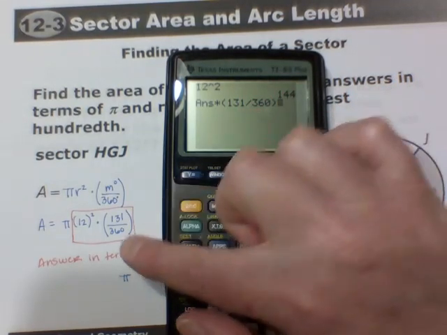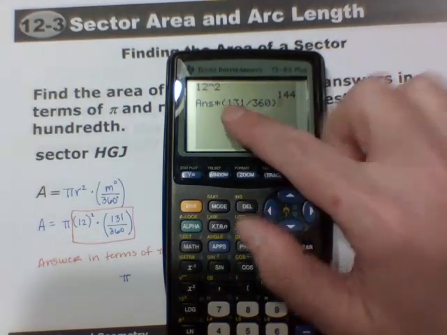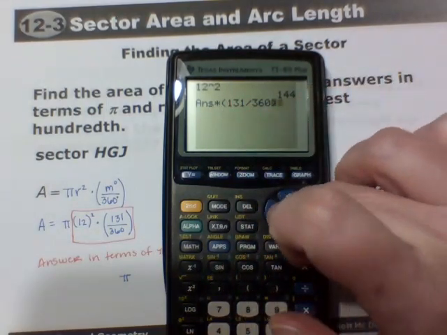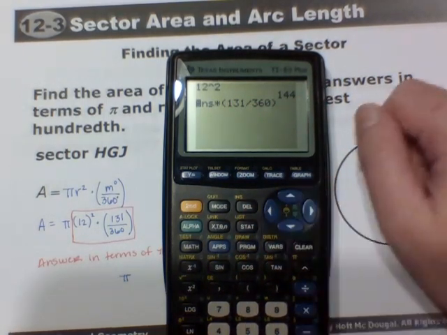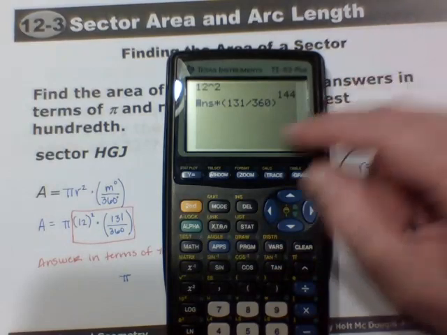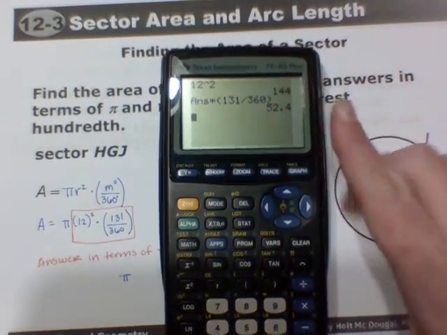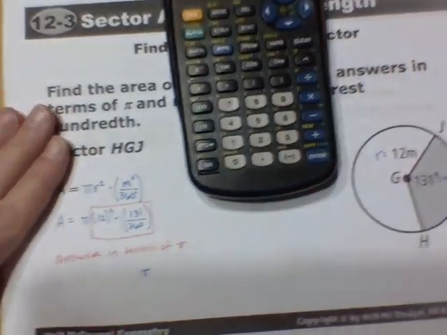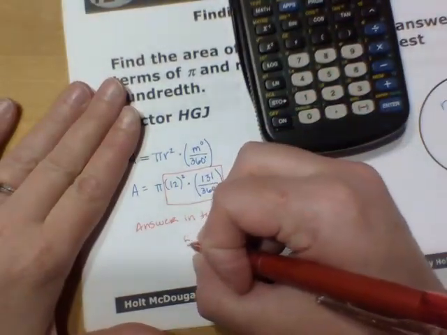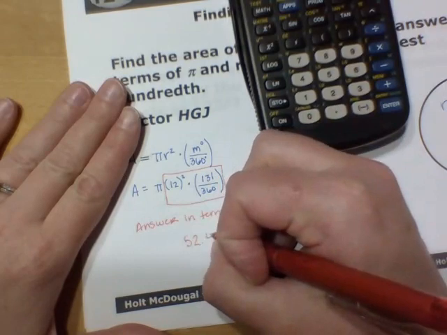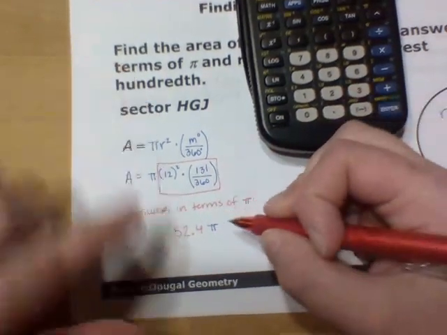So anytime that you want to put in a fraction, remember that you put it in parentheses. Since it's all multiplication and division, it should come up with the same answer, but that's the best way to write it. So we get 52.4 pi is one of our answers.